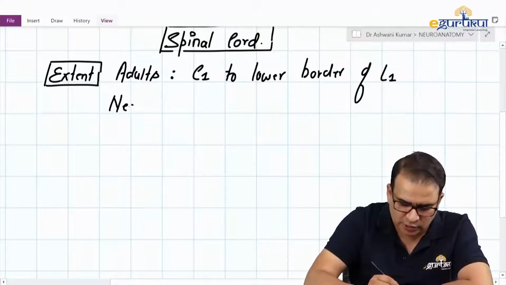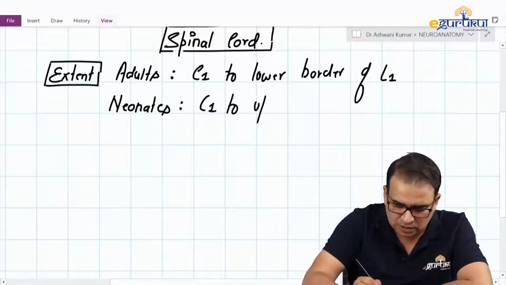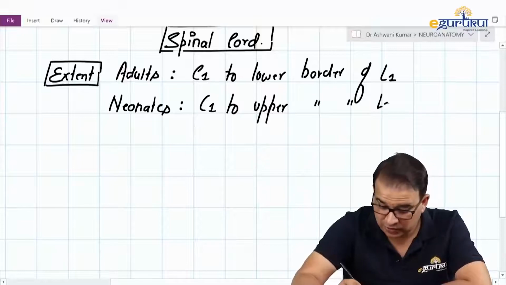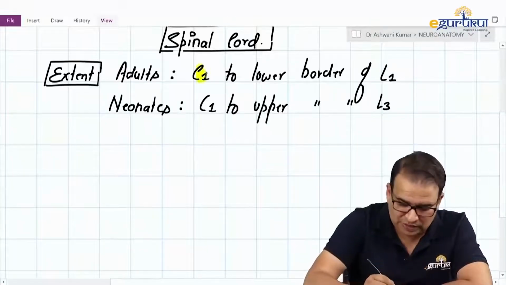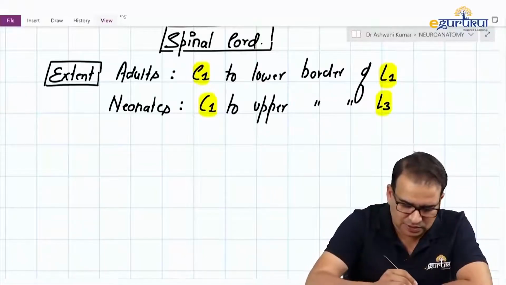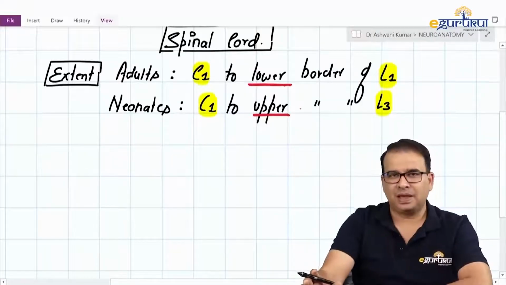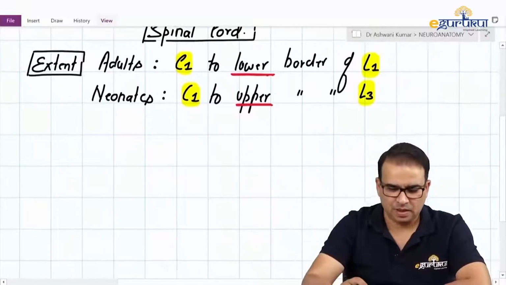Whereas in newborns or neonates, the spinal cord extends from C1 to the upper border of L3. Upper border of L3. So remember, it is C1, that is L1, this is L3, and just be precise about it, that is the lower border of L1 and this is the upper border of L3 in neonates.